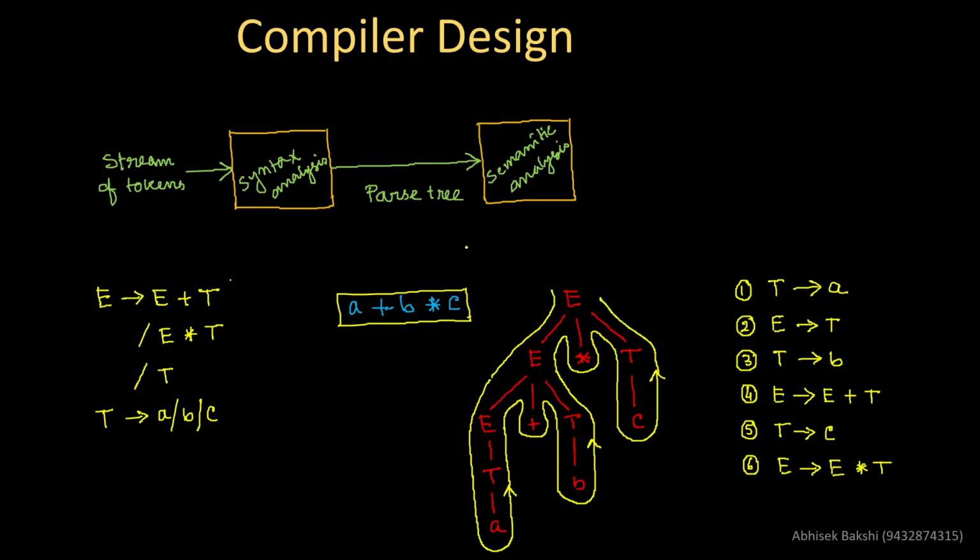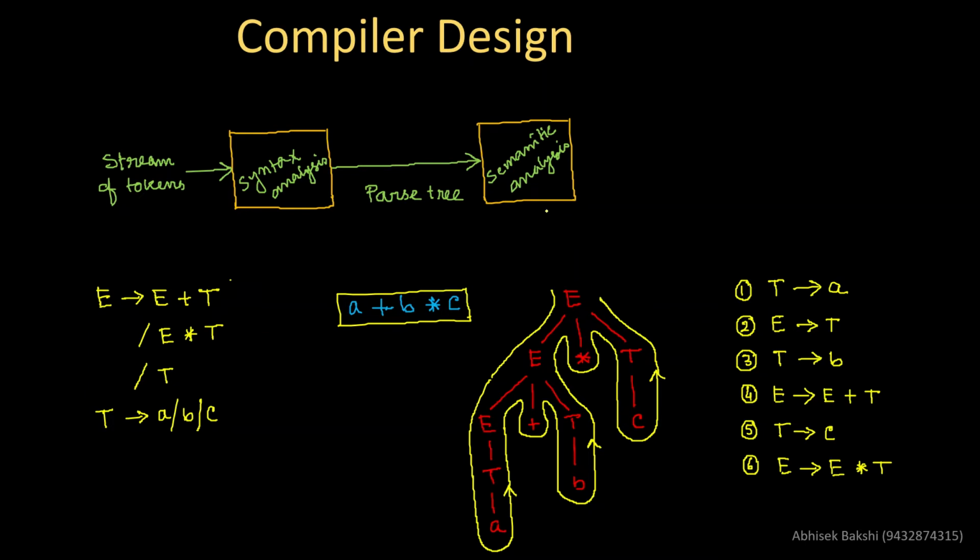So basically syntax analysis gives the output parse tree, which is the input of semantic analysis. The parse tree is the input of semantic analysis. You can also consider that this set of production rules, in the order required to generate this string, is the input to the semantic analysis phase.